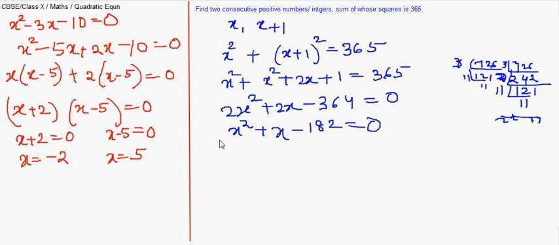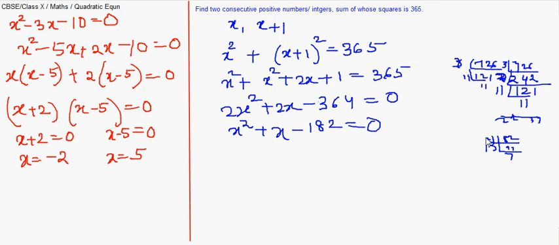I have to now break this 182. Is it divisible by 2? I'm getting 91. I think 91 divides by 13, that gives me 7.